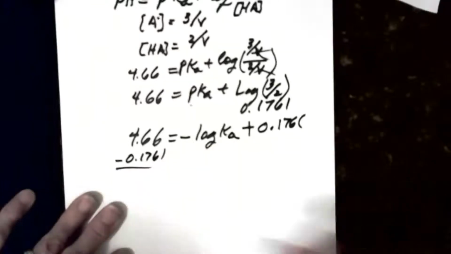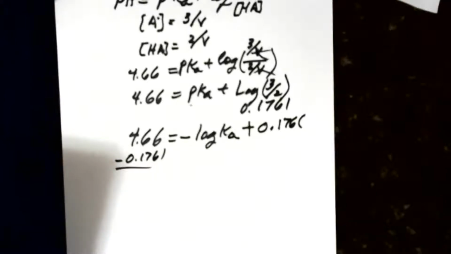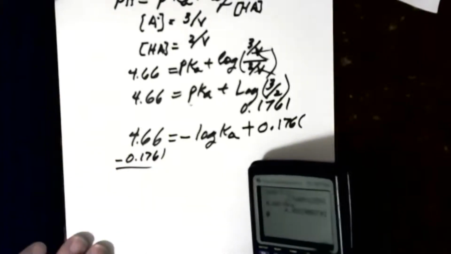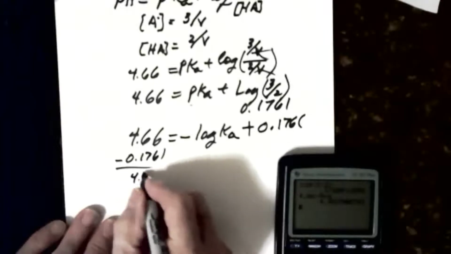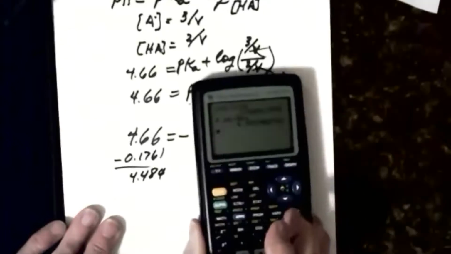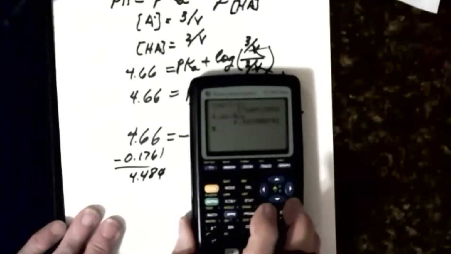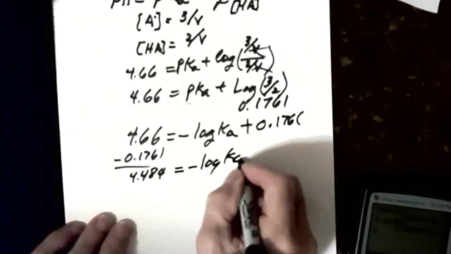And so I take 4.66 minus the answer that I have on my screen, and I'm coming out with 4.484 essentially. If you can see the calculator, you can see it's lots of digits there. Okay, it's equal to that minus log of Ka.